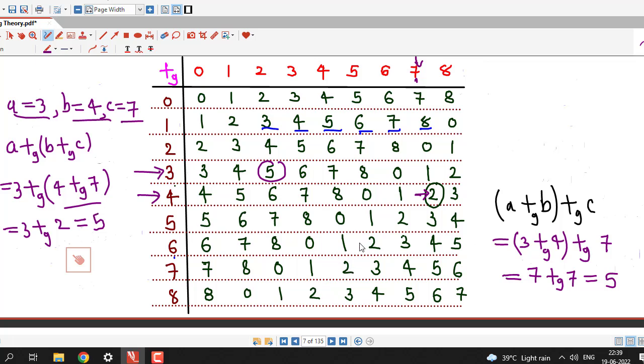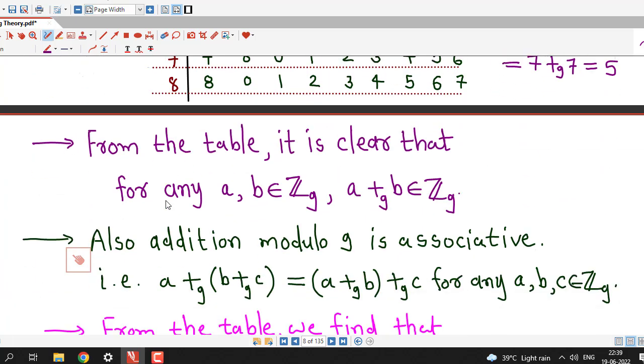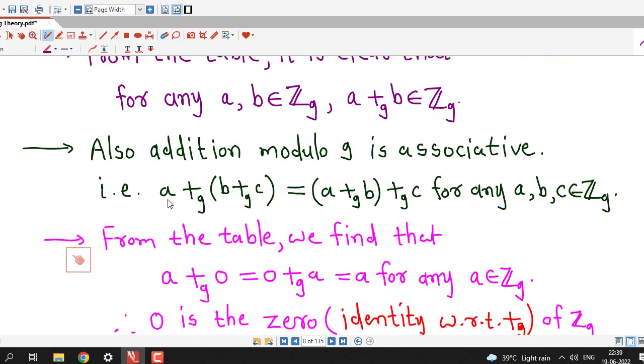But it is very time consuming to write down this property for all possible values of A, B and C. We can simply say that addition modulo 9 is an associative operation, therefore we can write this directly for any A, B, C belonging to Z9.